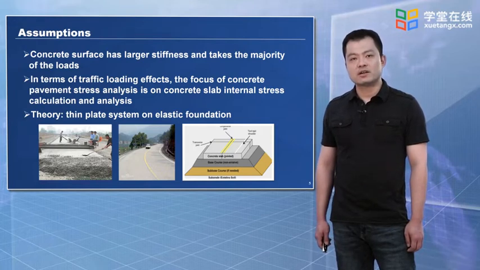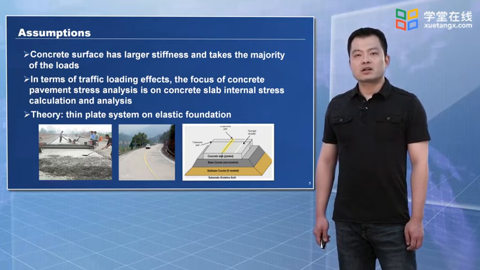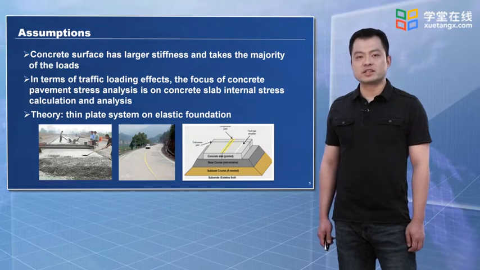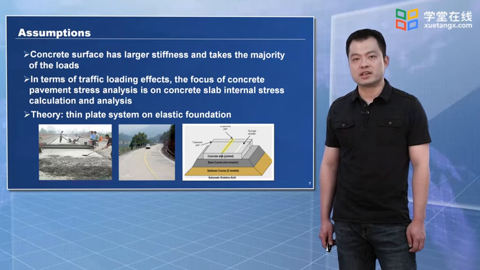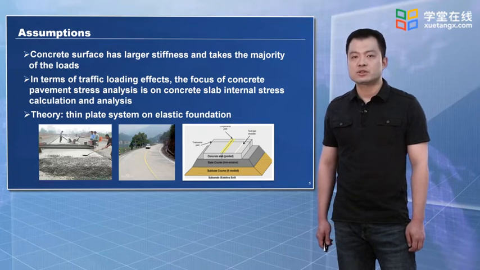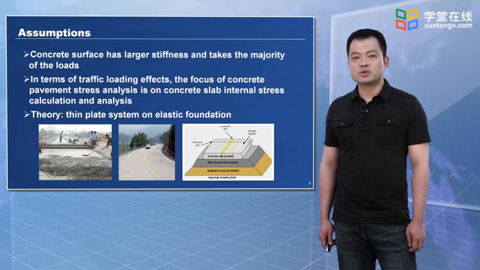First of all, as we mentioned in the previous section, concrete surface has great stiffness and takes the majority of loads. Second, in terms of traffic loading effect, the focus of stress analysis is on concrete slab internal stress calculation and analysis. So therefore, we use the theory of thin plate system on elastic foundation.